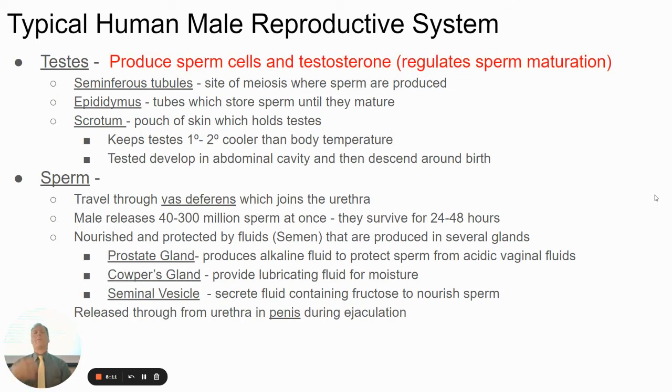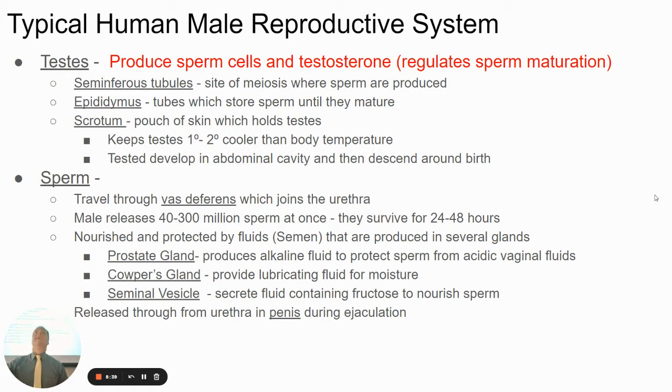But when we're talking about human reproduction, testes are the typically male gonads, and what they do is they produce sperm cells and also the hormone testosterone. And testosterone is a hormone that influences secondary sex characteristics, what we think of as typically male secondary sex characteristics.